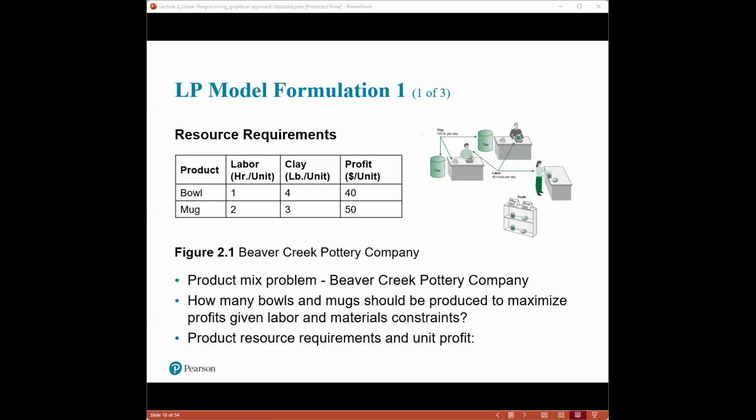So that's why we said X1, plus profit from mug is how much? 50. How many mugs will we produce? It's X, we don't know. So it's X2. So this is our objective function.